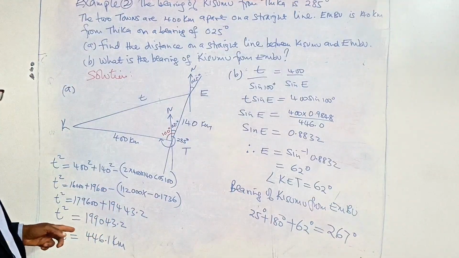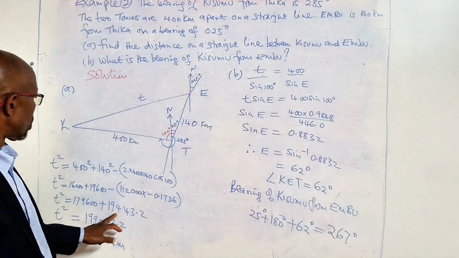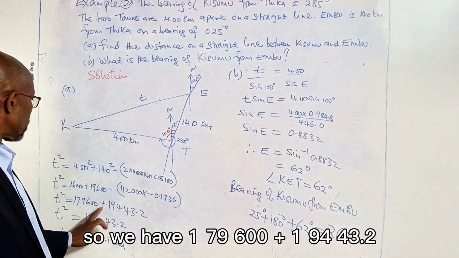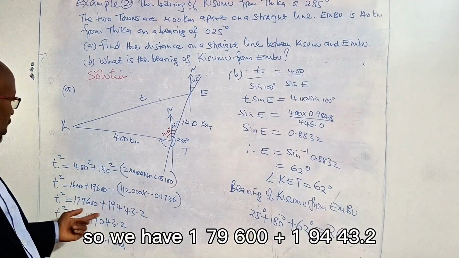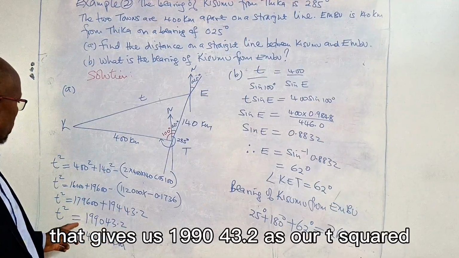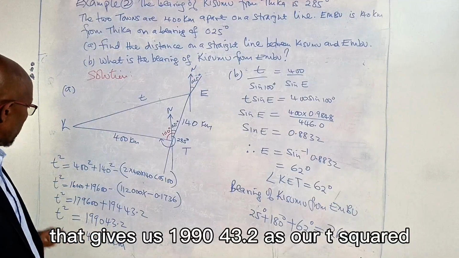When you open that bracket, you get positive 19,443.2. Negative and negative gives you a positive. So we have 179,600 plus 19,443.2. That gives us 199,043.2 as our t squared.